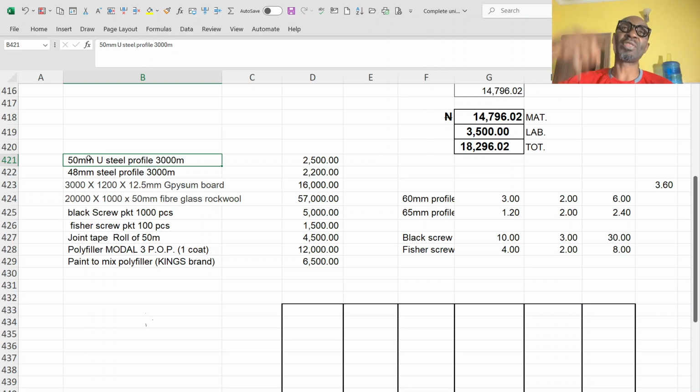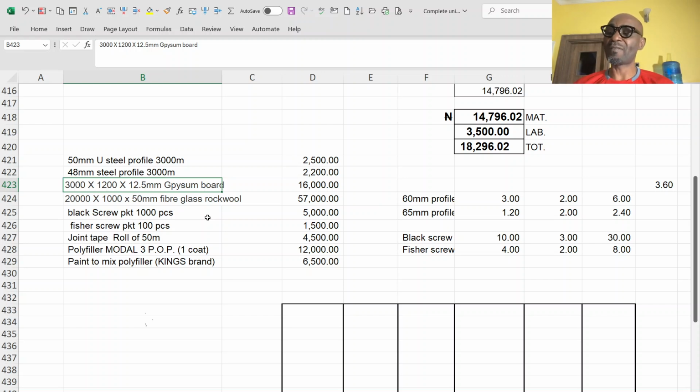Say the headroom is 3 meters, you're going to have one profile at the top and one at the bottom. The ones at the top and the bottom will be the base profile, which is 50 thick. So if it is a 50 thick profile, plus you have the board as 12.5 thick.